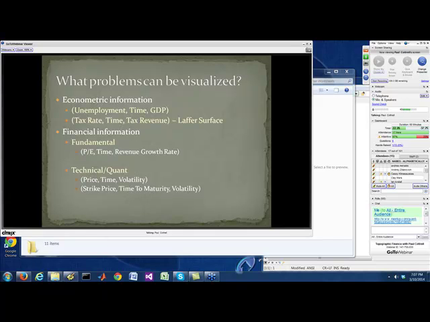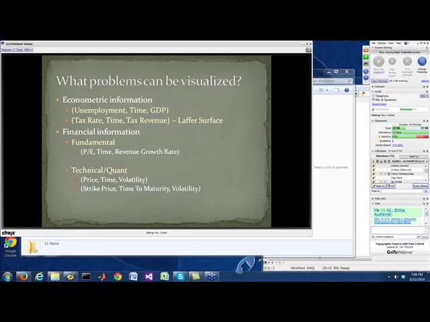Now, for financial information, you can take fundamental data, for example, PE ratio, and compare it to time and the revenue growth rate. And you would get some sort of three-dimensional understanding of those variables if they're statistically significant.